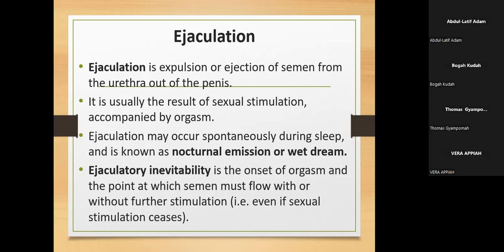What I'm saying is that there is this principle of ejaculatory inevitability. At a certain point, when you stop the activity or not, ejaculation will happen at all costs. That's what we call ejaculatory inevitability.